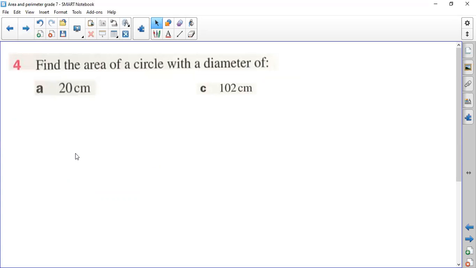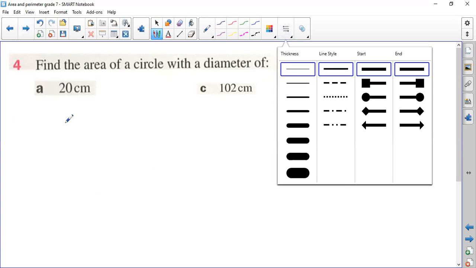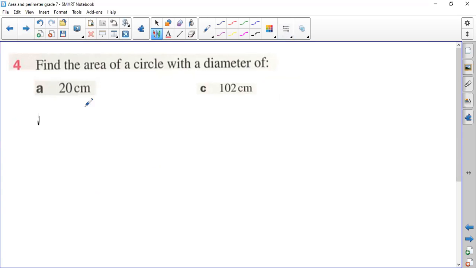Let's find the area of the circle with a diameter of 20 centimeter. So first of all, let's write the formula. We know that area of circle is equal to pi times r squared. In the givens, we have the diameter is 20 centimeter, okay? So we have to find radius.